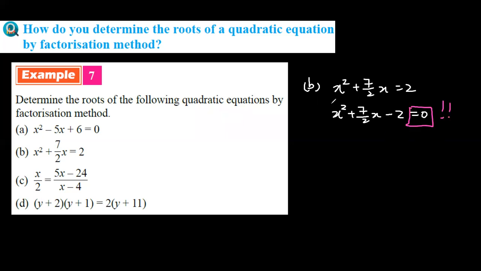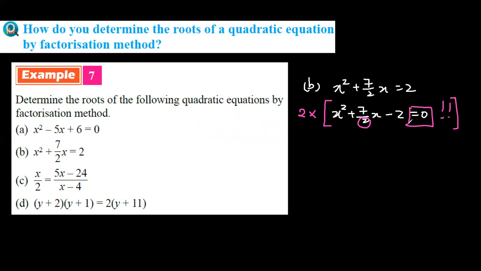To make our working easier, we want to change the whole form into ABC. We want to change all the coefficients to whole numbers because fractions are not easy to work with. So we change the whole equation to whole numbers. By how? We multiply every term by 2, by the denominator 2.